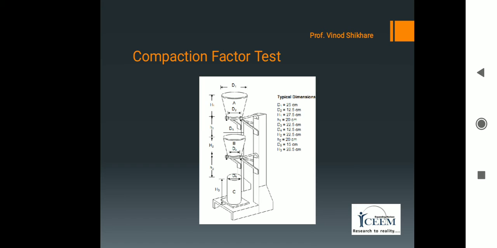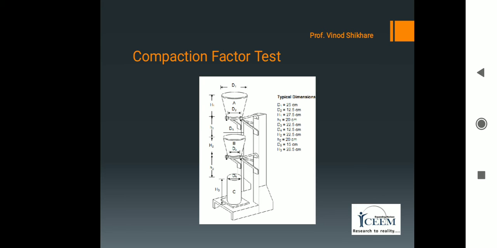The compaction factor is determined by the ratio of two densities, that is the density of concrete achieved through this test and the density of the same concrete after full compaction.